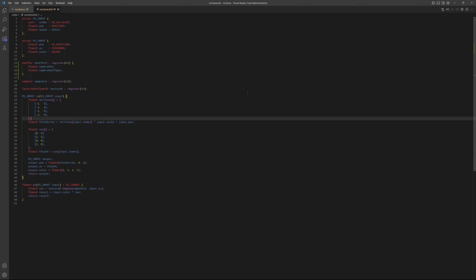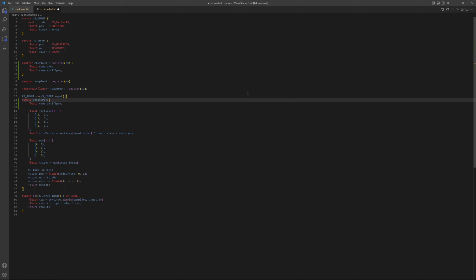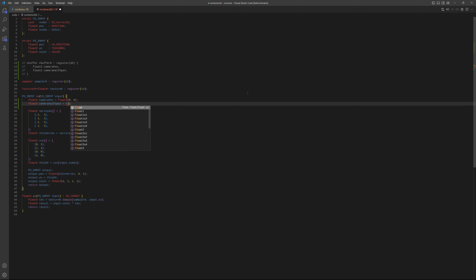So we pass that in, and actually for now, let's just hard code them and see how that goes. Let's say the position is 0, 0, and half span is 1, 1.